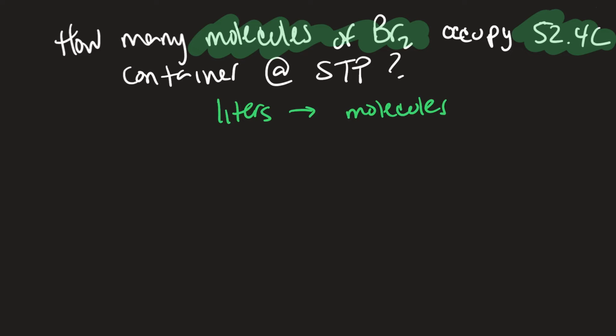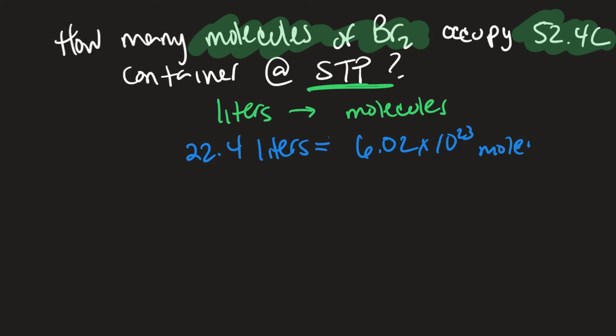Well, we do know that at STP, 22.4 liters of any substance is equal to 6.02 times 10 to the 23 of that particular substance. So in this case, we're talking about molecules of Br2. So we have 22.4 liters of Br2 equals 6.02 times 10 to the 23 molecules of Br2.